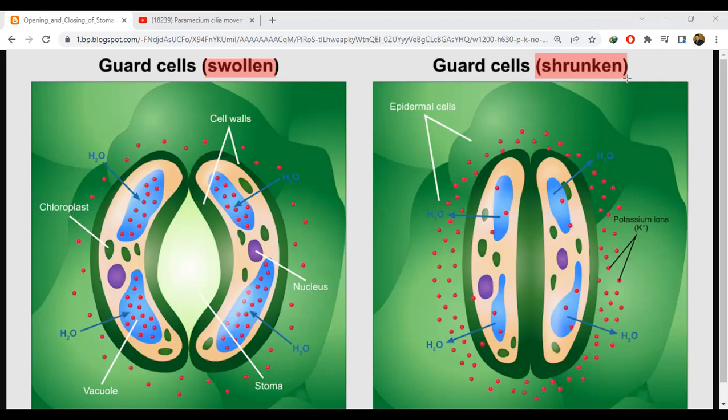Closed. So stomata's opening and closing depends on whether the guard cell, central vacuole, collects water or loses water. Clear? You clear? One more example with one more idea.